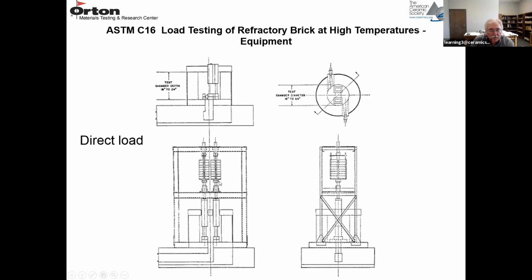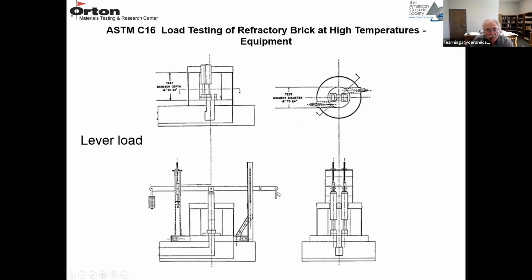So you vary the weights to get perhaps 25 PSI or whatever load you want. This is a side view, and the top view shows that it's a cylindrical furnace and there are 2 burners, so it's a gas-fired furnace. So that's one arrangement for applying a direct load to 2 samples in a gas-fired furnace.